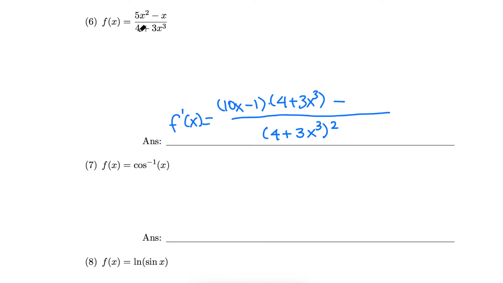Well, derivative of 4 is 0. Derivative of 3x cubed is 9x squared. We don't have to use parentheses, so I skip it. Times the top function, 5x squared minus x. This is our answer. We don't have to multiply it out, but please make sure that you use parentheses where necessary. Otherwise, you will be giving a different answer, not the correct one.